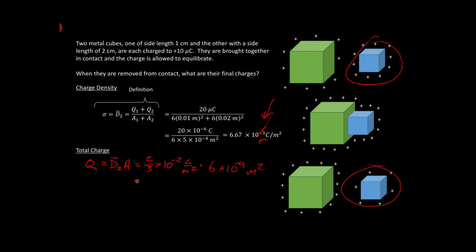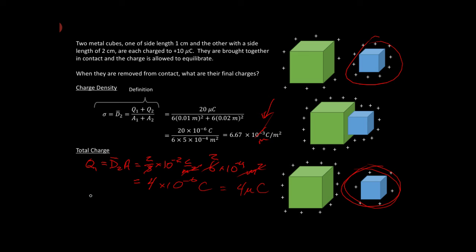They're the same block, but at different times. So 6 divided by 3 is 2, so we have 4, and then 10 to the minus 2 times 10 to the minus 6 is 10 to the minus 6. The meters squared cancel, so we just have coulombs. So we have 4 microcoulombs for this one.